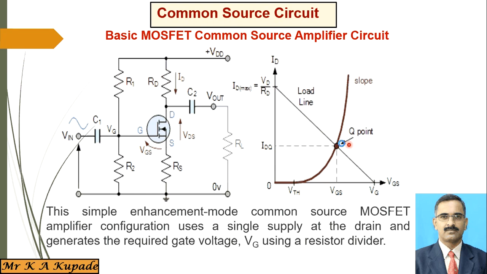This Q point can be obtained from the maximum voltage VG and the ID current you get for it. The line drawn here for VG and ID is nothing but the load line, and the point where this load line touches the curve is called the Q point. We will see this point in the next lectures because we have separate points for it.